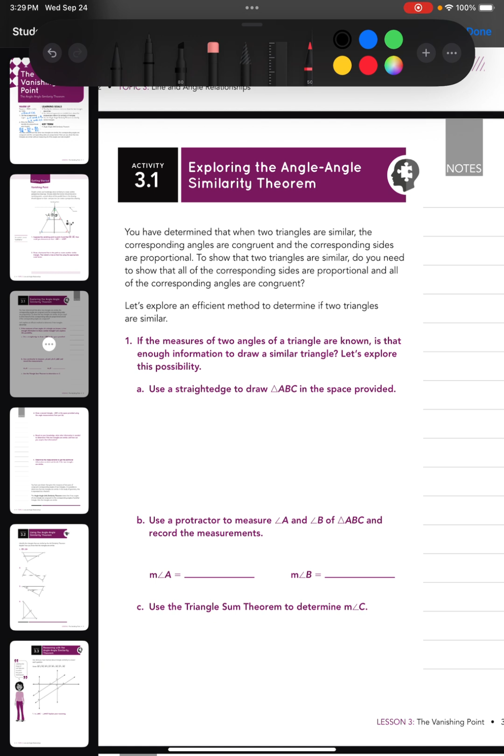So I'm going to draw two triangles, and I'm going to do my best to make them look similar here. Draw that black one. I'm going to draw this blue one.